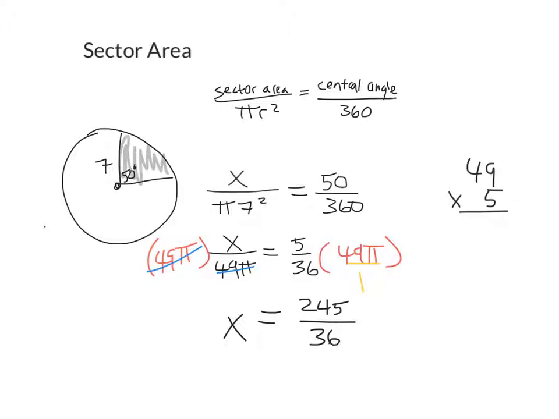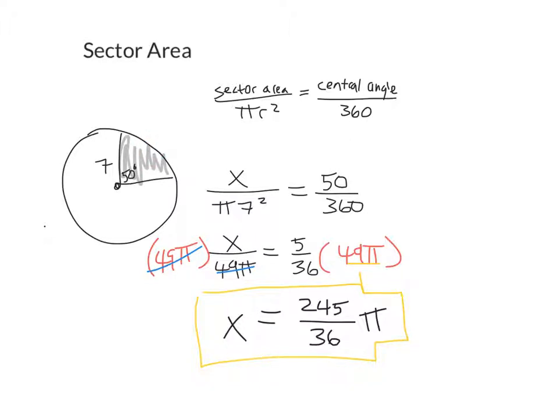You could also use your calculator, right? So we then have 245 over 36, but of course you must not forget the pi, and that is the answer to that one. That's literally the area of this sector right here.